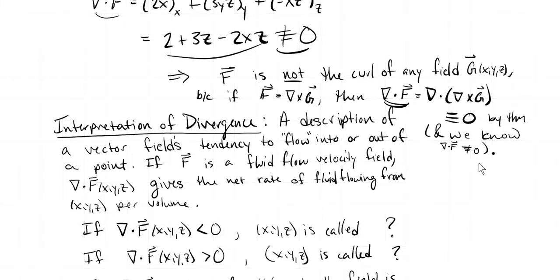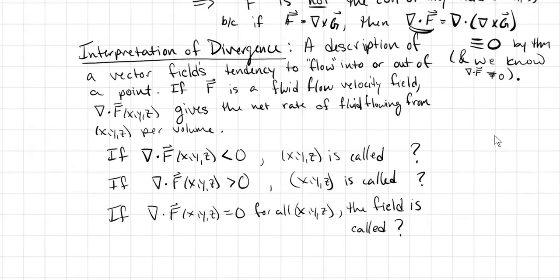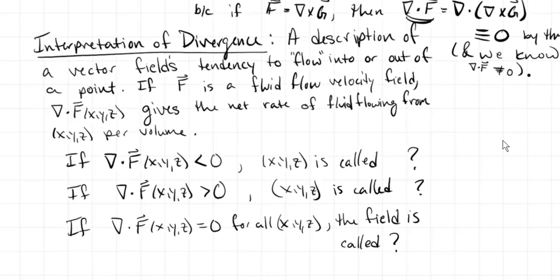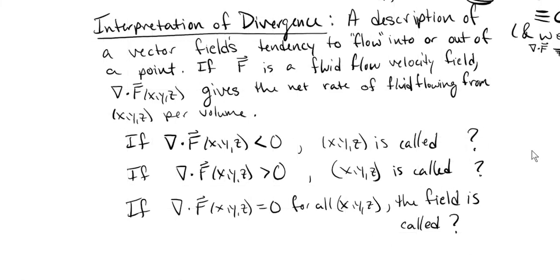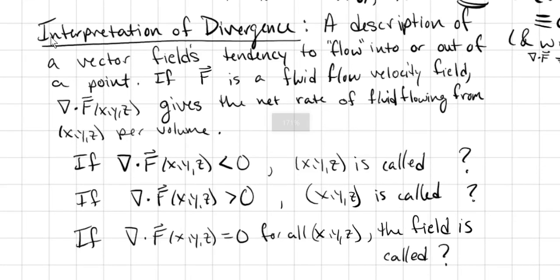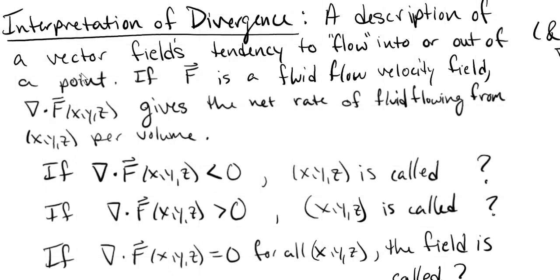Now finally, let's get to this interpretation of what the divergence is telling us about a field when we take the divergence of a field. Here's my interpretation: a description of a vector field's tendency to flow in or out of a point. That's what divergence is. It's how the field is converging or diverging away from a point in the field.